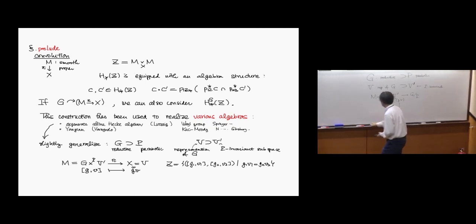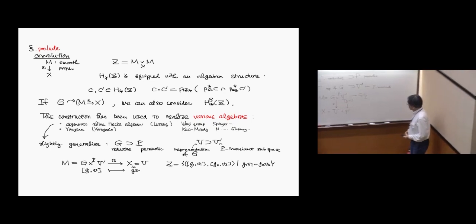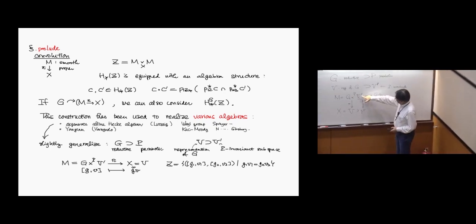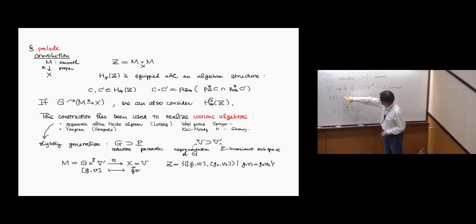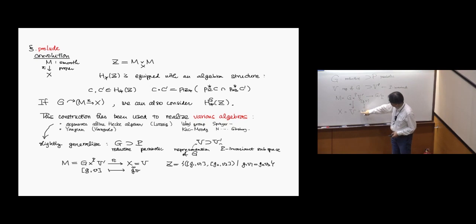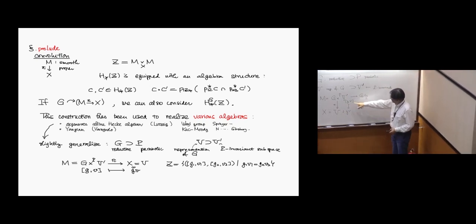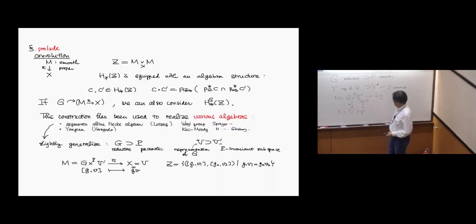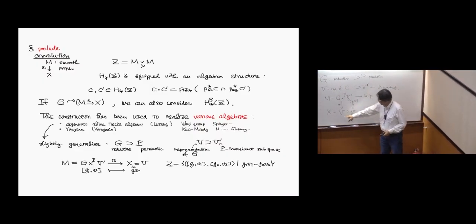X is V. Originally, small v is an element in V prime, a smaller space, but since you multiply by g, this element gv, if g is in P, is still in V prime, but since we are multiplying by an element from G, it is no longer staying in V prime, but it's in large V.